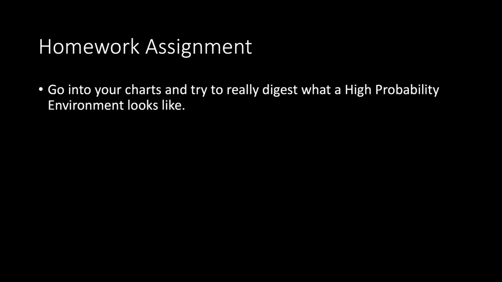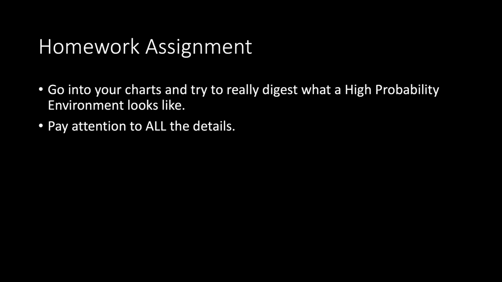So here's a homework assignment that I've made up for you. I want you to go into your own charts and try to really digest what a high probability environment looks like. I want you to pay attention to all the details, meaning I want you to do top-down analysis, starting with the high time frame institutional order flow. Is it clear where the market is drawn towards? Yes or no?